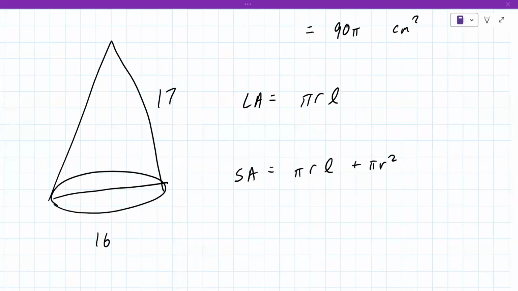There are no units. And then to get that would be just 8 squared, 64, plus 136 would give me 200 pi whatever squared. Okay, whatever units you got there.